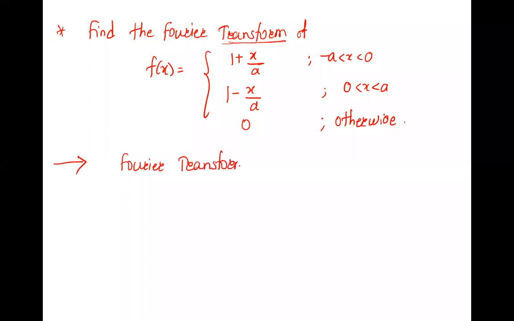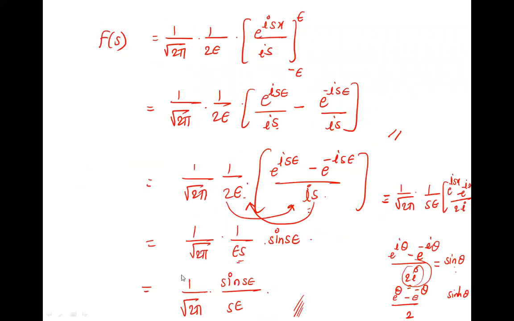Write the definition first. F of s. What we do in the Fourier transform is convert x to s. Check your previous answer: everything is in s, and no x remained finally. Epsilon is a constant, and it is a function of s.